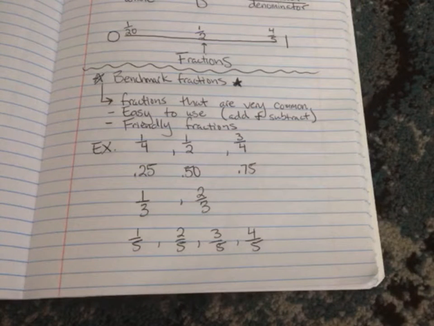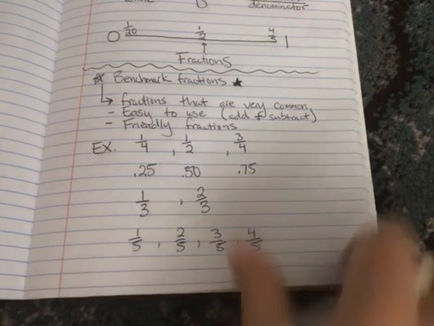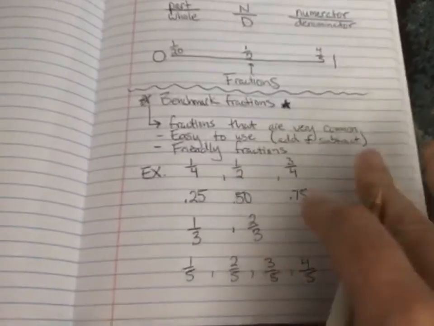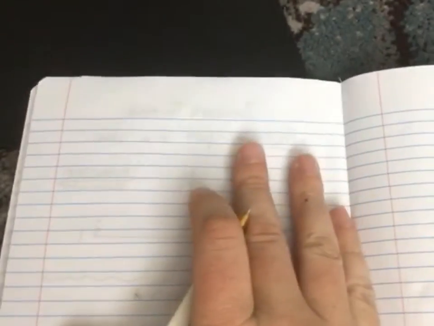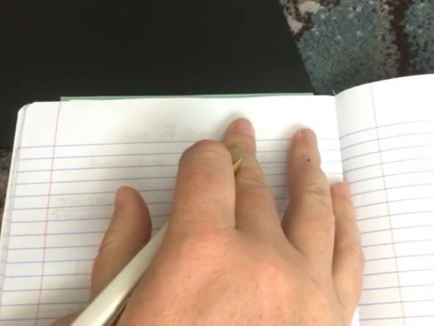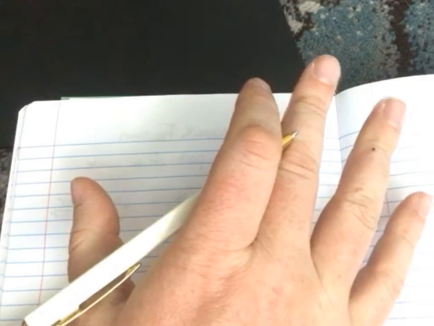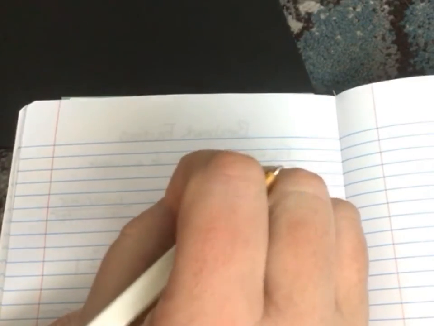Okay, one last little part of our notes. I'm going to flip the page because I'm at the bottom of mine. You can do this as well, or you can do this on the bottom of your page. I'm going to write on the back here. One of the things that you're going to see on your activity is you guys are going to do an activity based off of less than 1/2, equal to 1/2, or greater than 1/2.